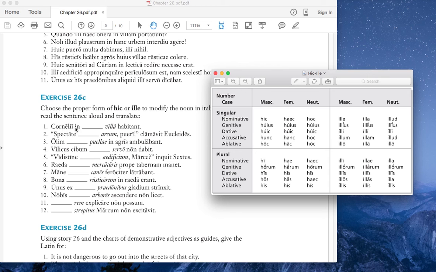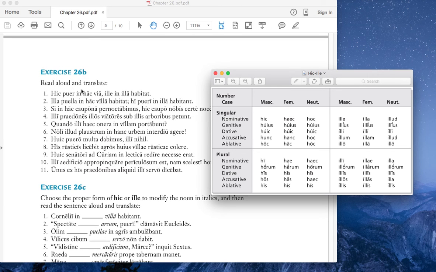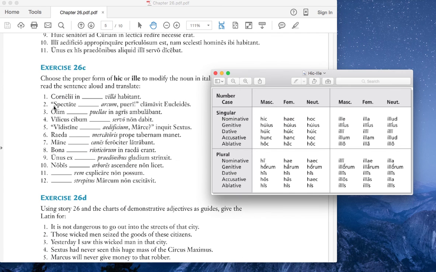So the Cornelii live in this or that villa. Again, consider the fact that this is ablative, it's feminine, and it's singular. And then you'll find the forms here, hac and illa, just as we had in this sentence right here. One more: spectate blank arcum, pueri, clamavit Euclides.